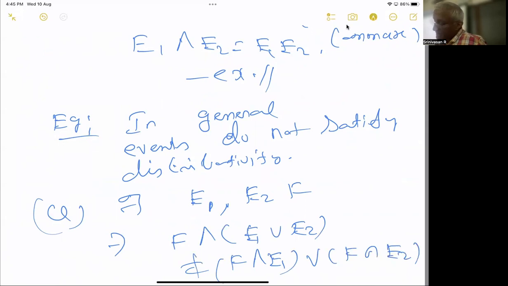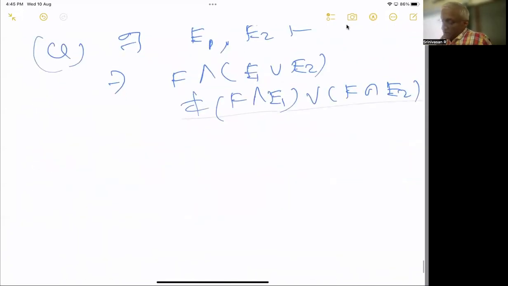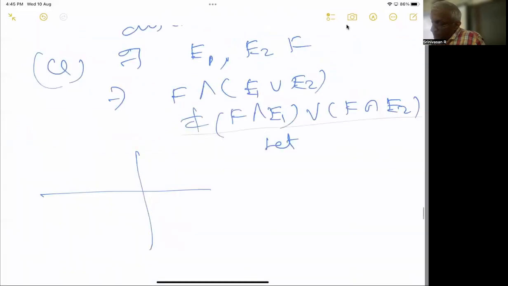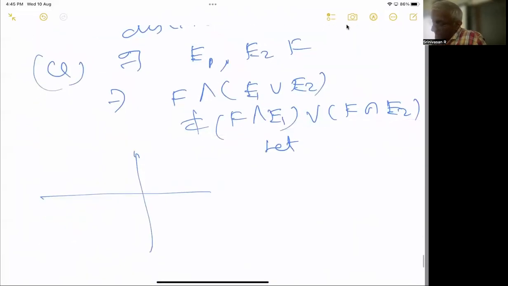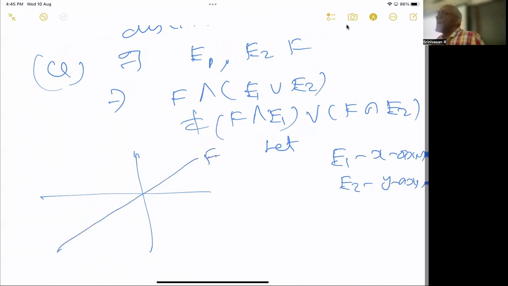In two dimensions, it's clear, right? Let E1 be the projection corresponding to the x-axis, and E2 be the projection onto the y-axis, and you take F to be some diagonal.